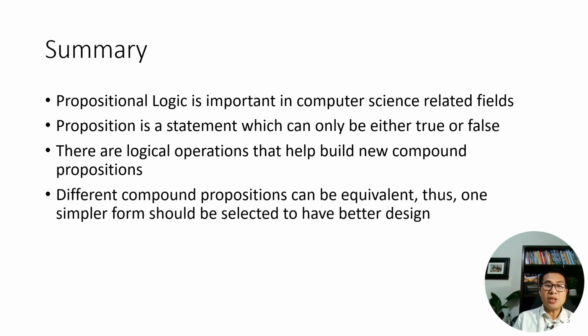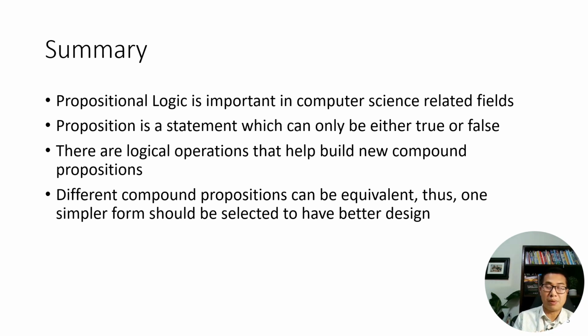Then different compound propositions can be equivalent. There's one simpler form that we should select in order to have a better design. Let's say when we design a circuit, we may see that it is too complicated. Then we use logical operations and find that a simpler expression is going to produce the same output.